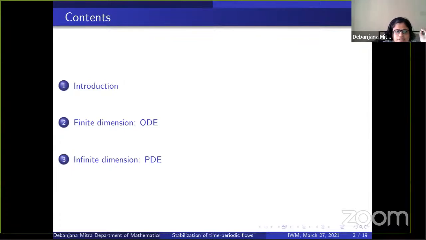There the things are mostly understood and well studied. Then the challenging part is to adapt all these techniques to the case for PDE, which we will call the infinite dimensional setup. For PDE, I will touch upon the result which we obtained for the Navier-Stokes equation, and then I will give some references. That is the plan for today's talk.